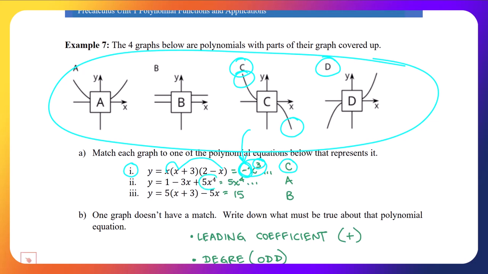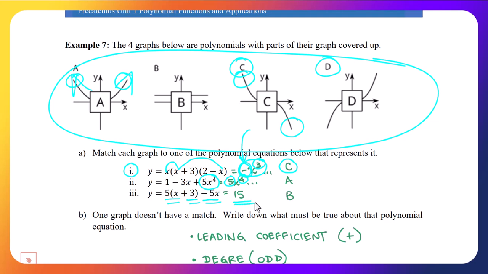This is the first term, and so with the 5, the right hand goes up. With the 4, it's even, so the left hand is the same as the right hand, and so A looks very promising. And this one, this is 5x plus 15 minus 5x.